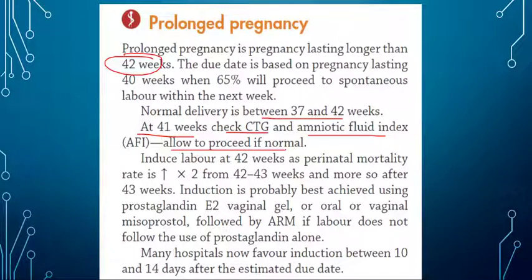You can still allow the patient to proceed for normal delivery if CTG and amniotic fluid index are normal. But by the time it's 42 weeks, if still no labor, then you induce the labor. Induction you can do by prostaglandin vaginal gel or vaginal misoprostol followed by artificial rupture of membrane.